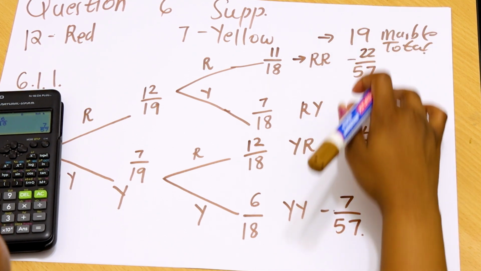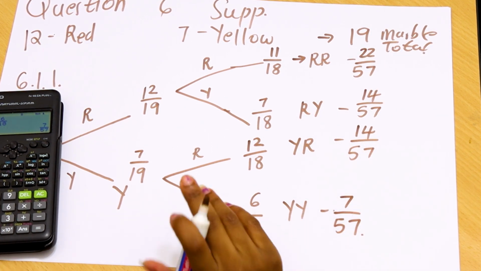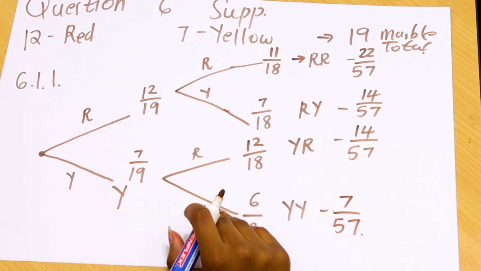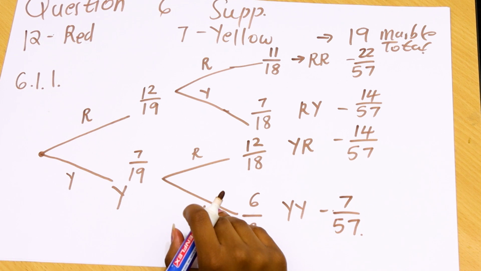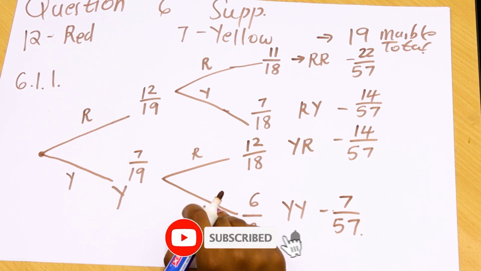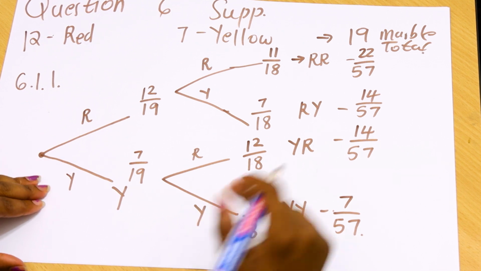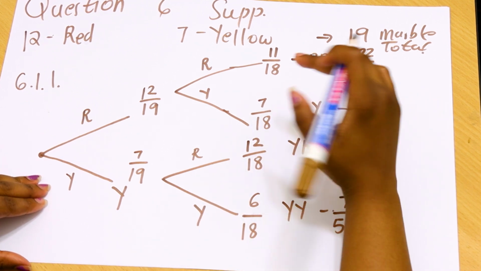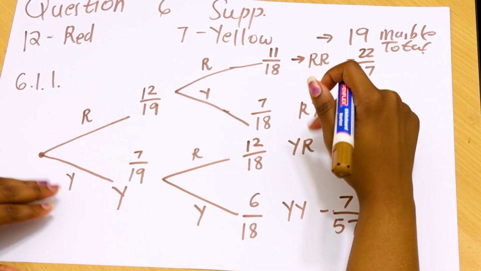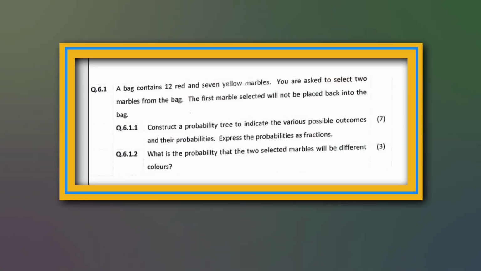And then when you sum up these probabilities, you're supposed to get 1 because that is the collectively exhaustive set. Okay, so the question after that says, what is the probability that two selected marbles would be different colors? So if the marbles are different colors, you either have first red, second yellow, or first yellow, second red.